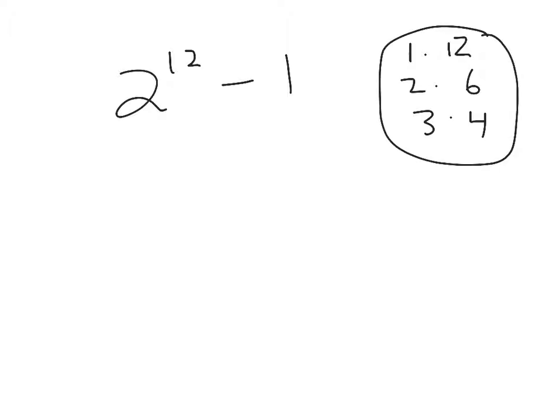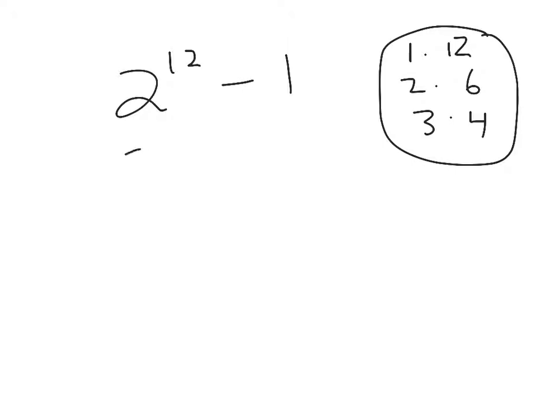2 to the power of 12 minus 1. Say this 12 can be broken into 1 times 12, 2 times 6, 3 times 4. All right, so this is 1 times 12. Sorry about that. And then we can actually get 3 factors from here.